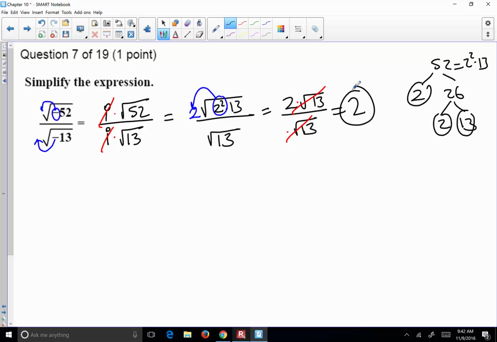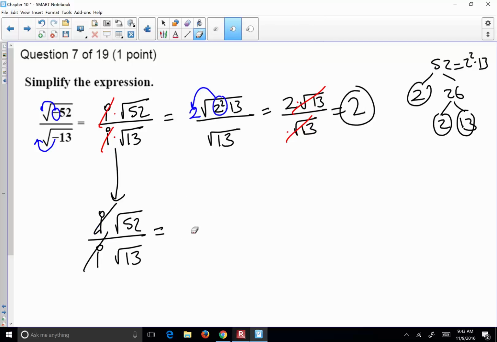Alright, here is an alternative way of doing this at this stage. If you have two radical jails dividing each other, we first cancel the i's, they go away, of course. If two jails are dividing each other, you can combine them into one jail and divide the inmates inside.